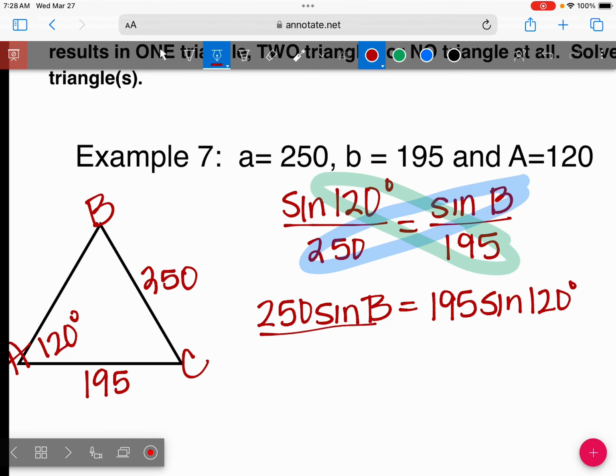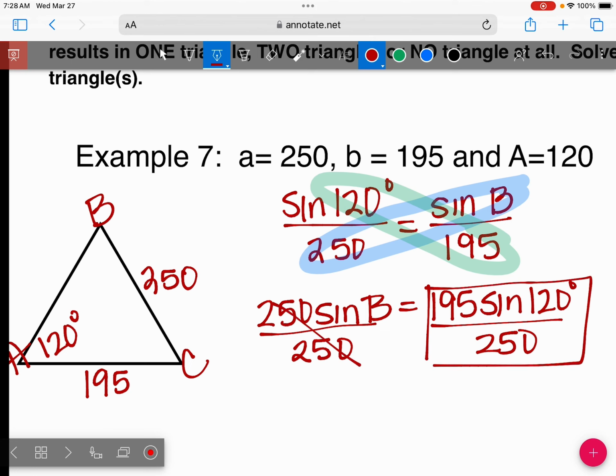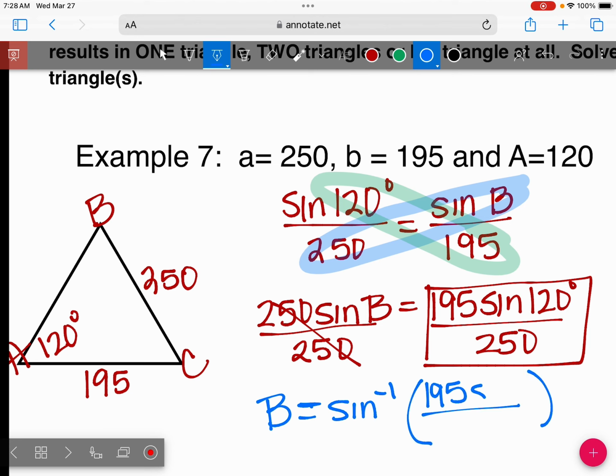And then we divide both sides by 250. And this is what we have to take the inverse sine of. So angle B is going to equal the inverse sine of that fraction. So go ahead, type that in your calculators.